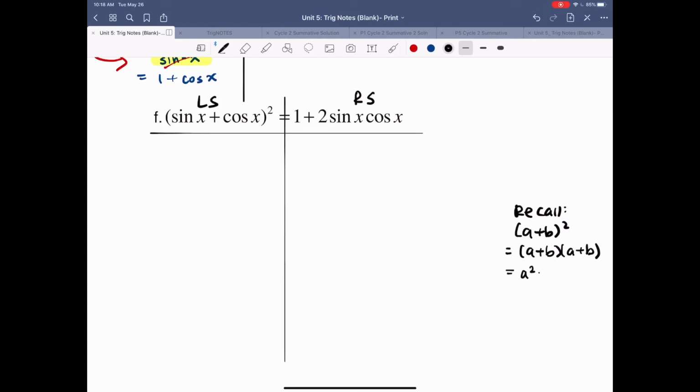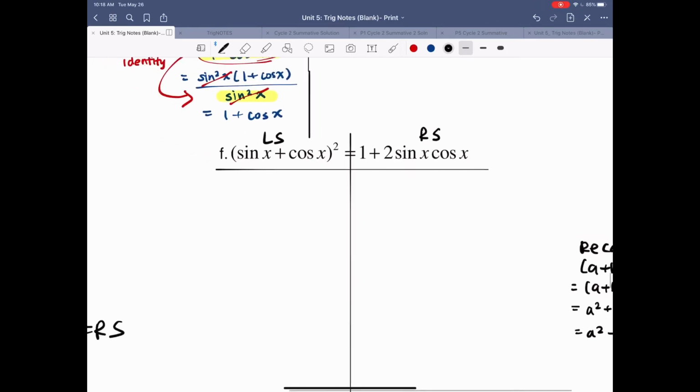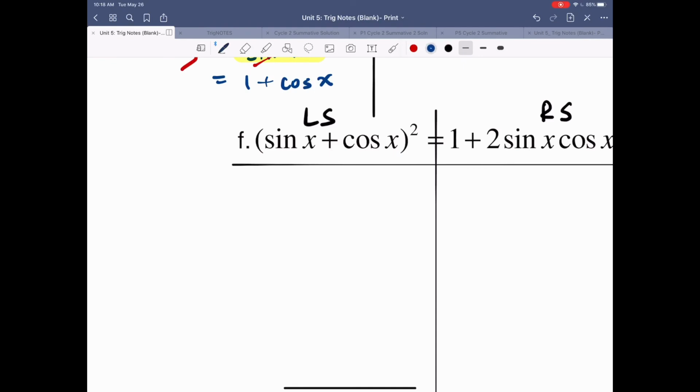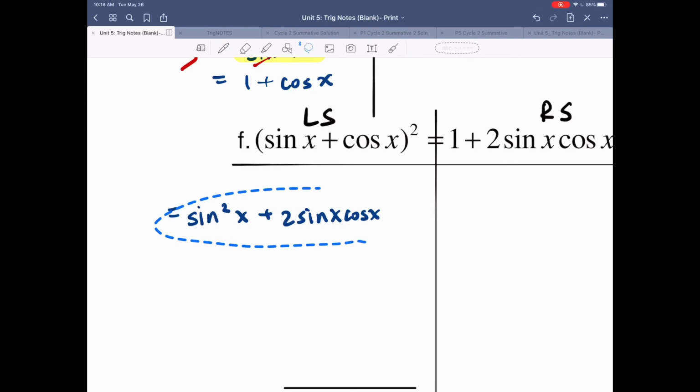By FOIL, you'll have the following, which always simplifies to a squared plus 2ab plus b squared. Rather than writing those 3 steps, it's a lot easier if you have that in your head. And so then you have sine squared x plus 2 sine x cos x plus cos squared x.